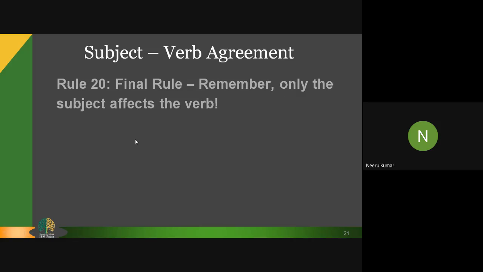And then always remember, if you really want to understand what subject verb agreement is, look and search for the right subject. If you know what the right subject is, accordingly you can include the verb. If you cannot understand the subject, it will be difficult for you to identify and understand the right verb, and you cannot add the right verb which can agree with the subject.